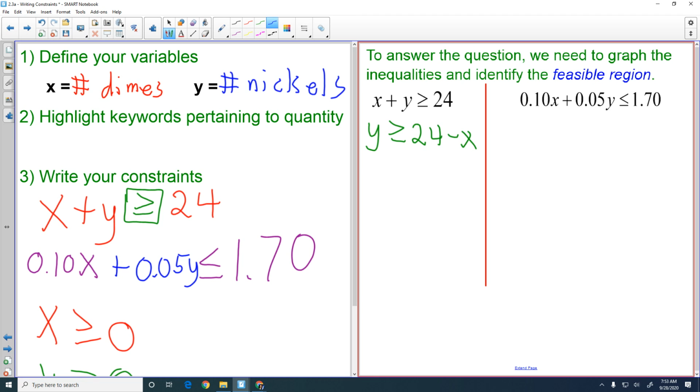On the right, I'm going to subtract the x terms: 0.05y is less than or equal to 1.7 minus 0.1x. Then divide by 0.05.